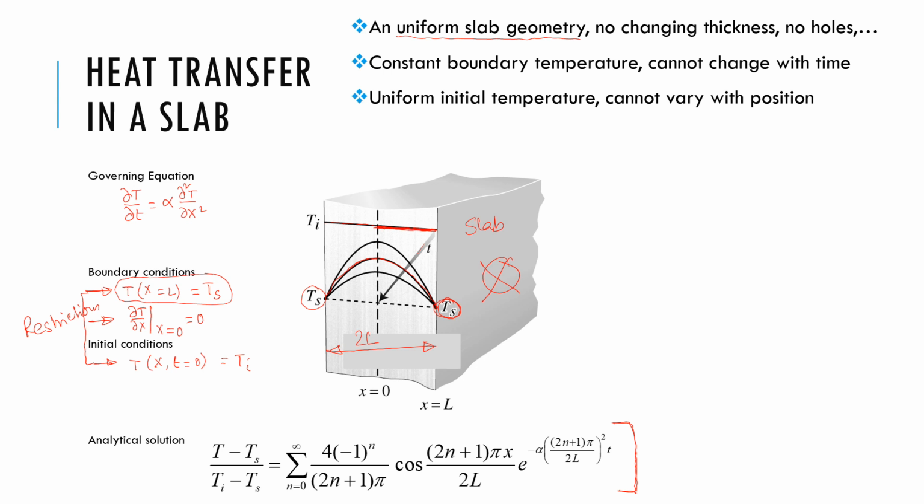And if the initial condition is not constant, like it's written here, then this solution will not work. Another one: you notice that this alpha is sitting outside, so it's treated as constant.